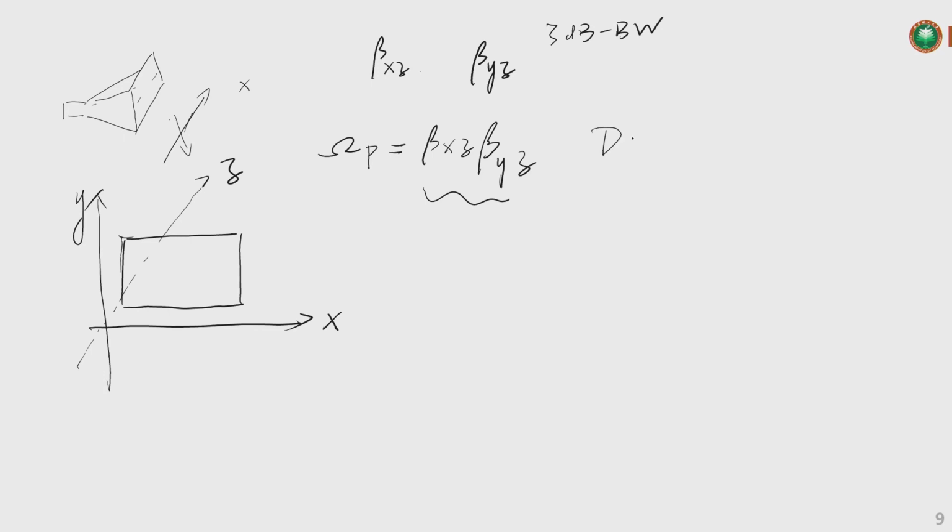That means the peak directivity can be expressed as 4 pi divided by theta x times theta y. This is a simplification to obtain the directivity. Now, if you have a beam and you know its beamwidth, you can roughly get the directivity of that beam, the peak directivity actually.